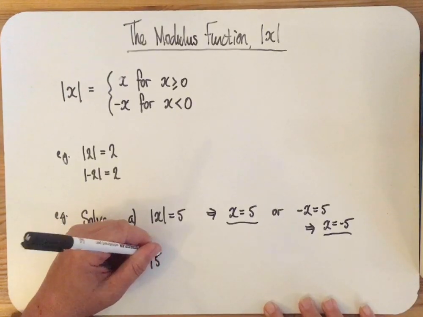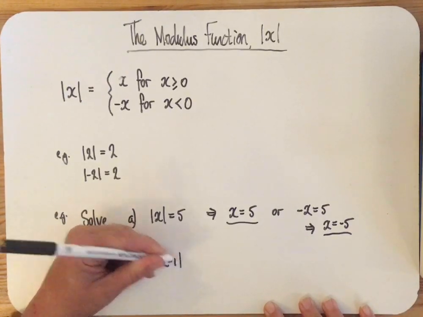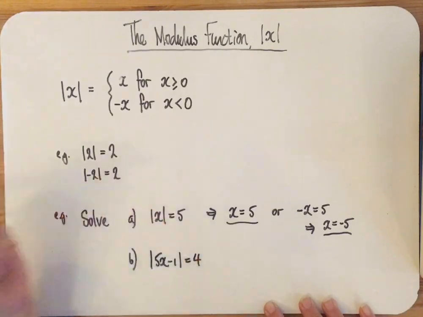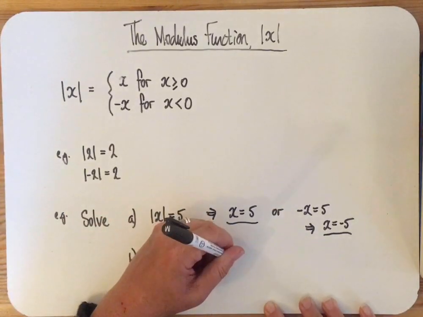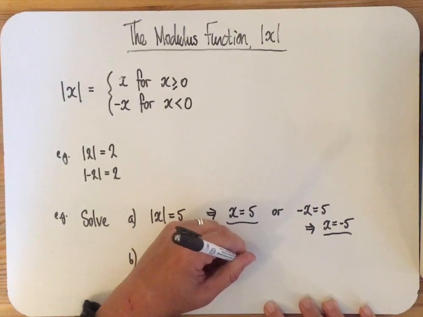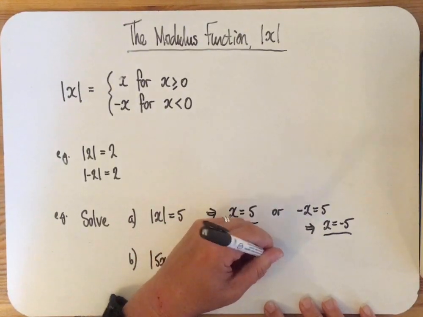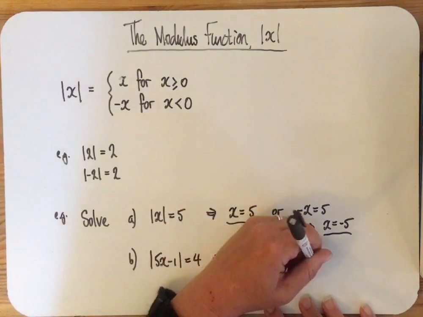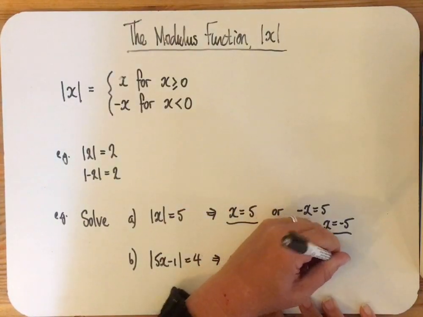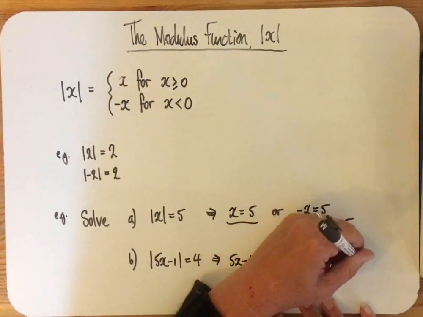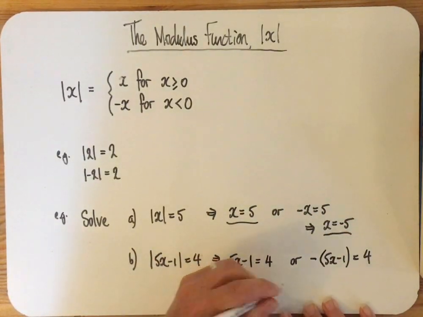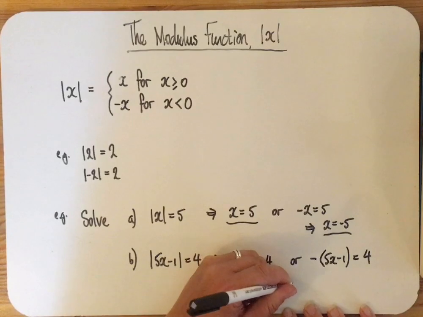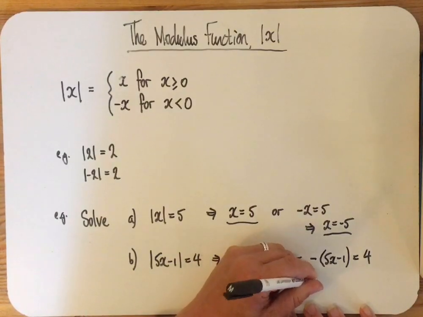So for instance, if the modulus of 5x minus 1 is 4, then you could have 5x minus 1 is 4, or you could have minus (5x minus 1) is 4, i.e. 5x minus 1 is minus 4.